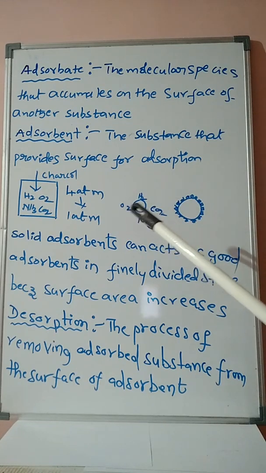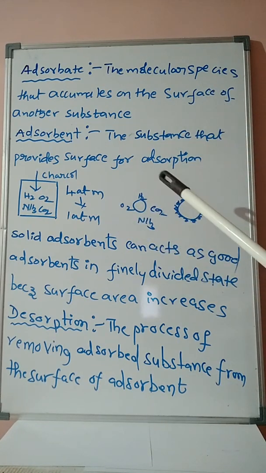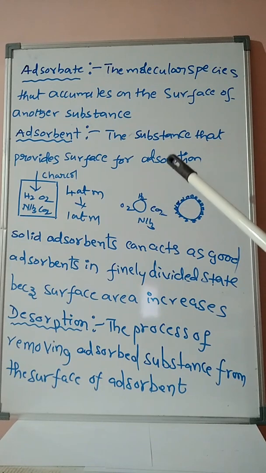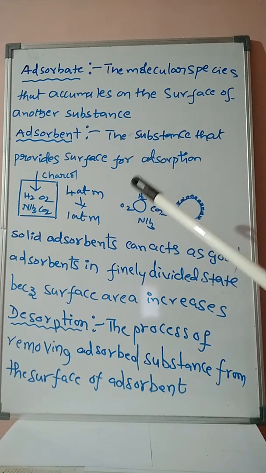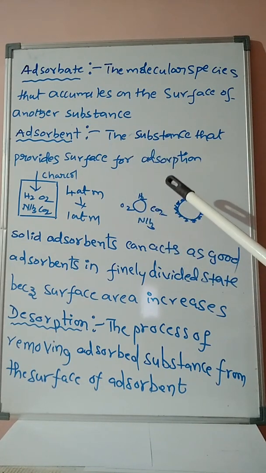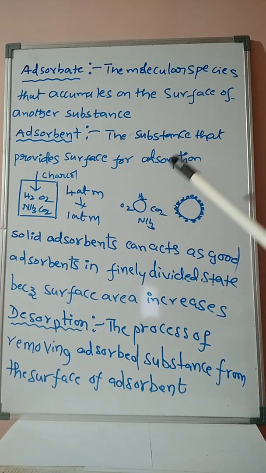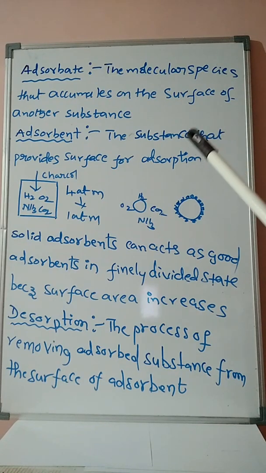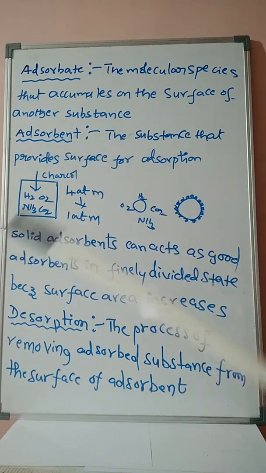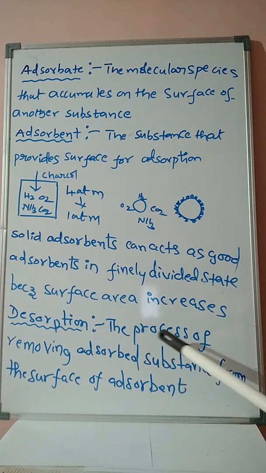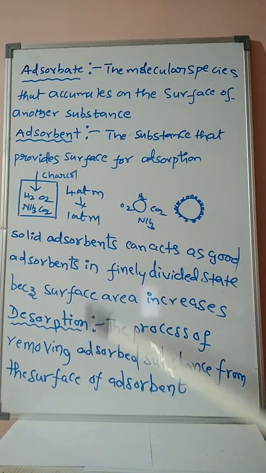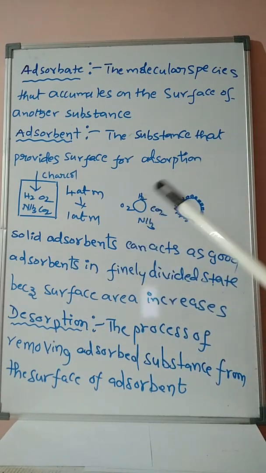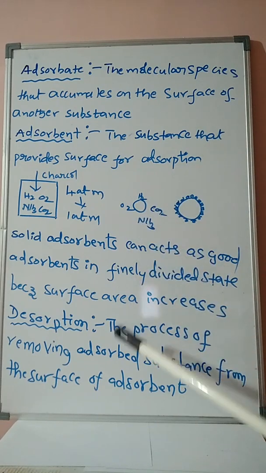For this, one example: if you rub the board with a normal duster, what happens? The white chalk dust particles are adsorbed on the surface of the duster, but they do not enter into the duster. When you bang the duster against a wall, the dust particles move away from the duster. That is known as desorption.